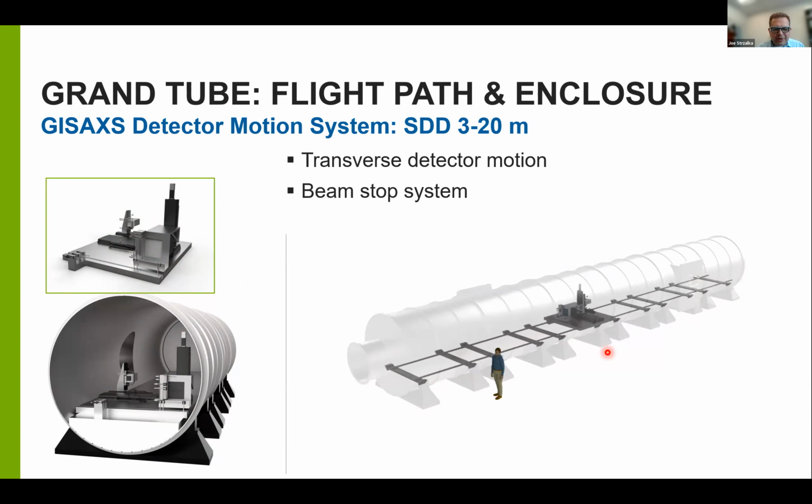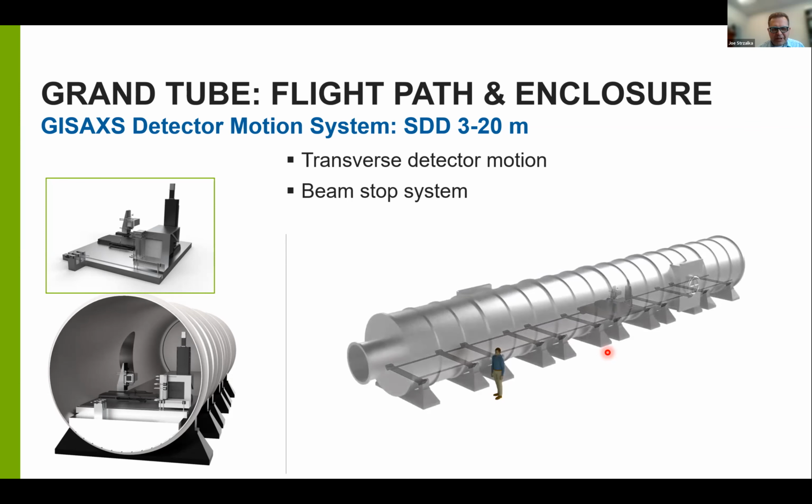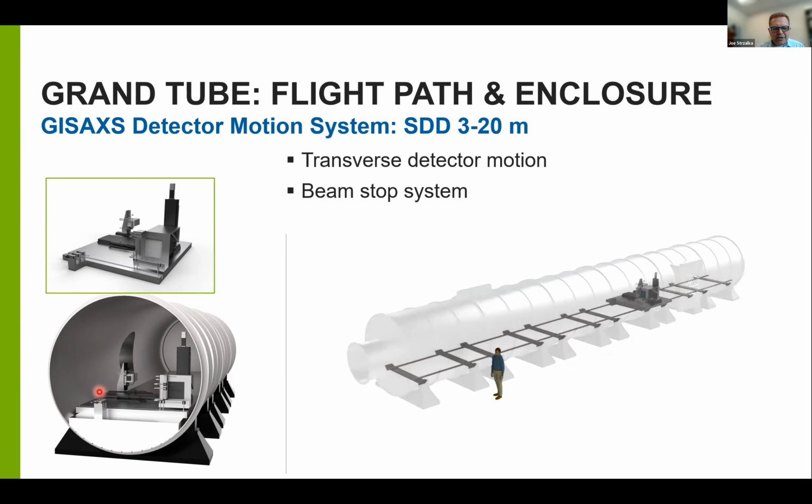There would be an elaborate beam stop system, so users will be able to choose different beam stops of different widths, depending on their experimental needs. And the direct beam is going to be coming down closer to this side of the granite tube.